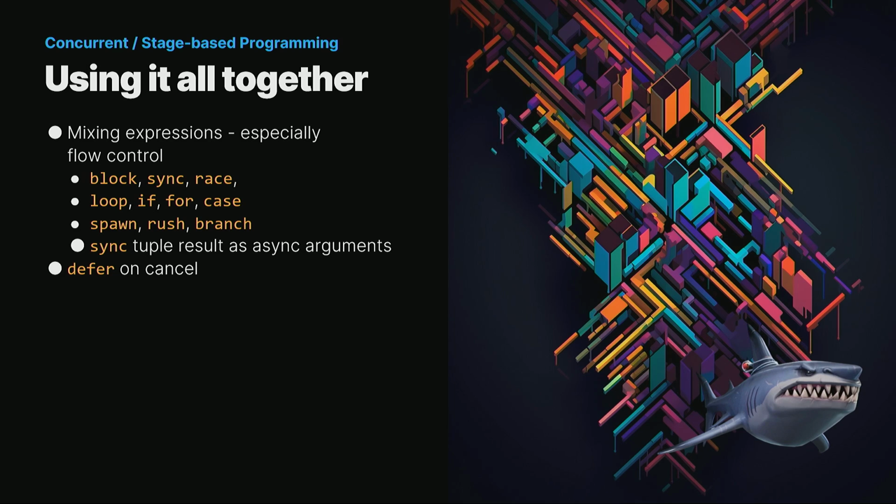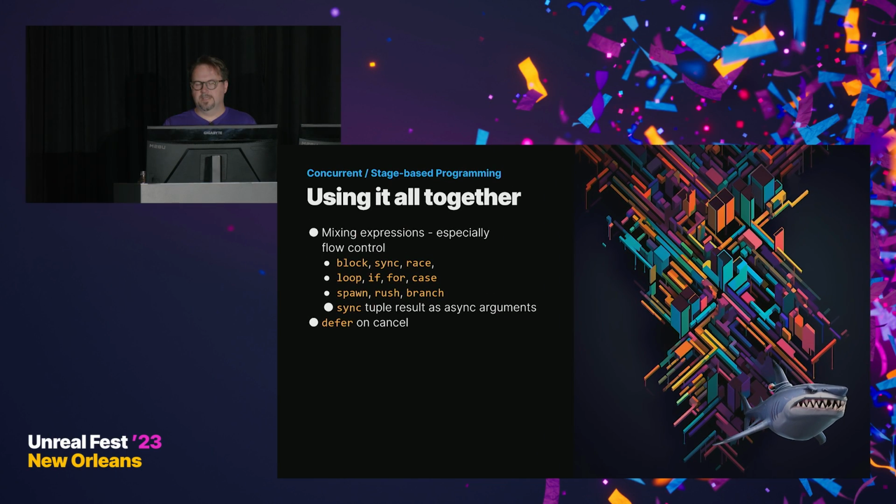So, then there's the defer command. So with defer, it's really interesting in that with Verse, there is no destructor for classes and things like that. So it's often good to be able to clean things up when they go away. And that includes concurrency.